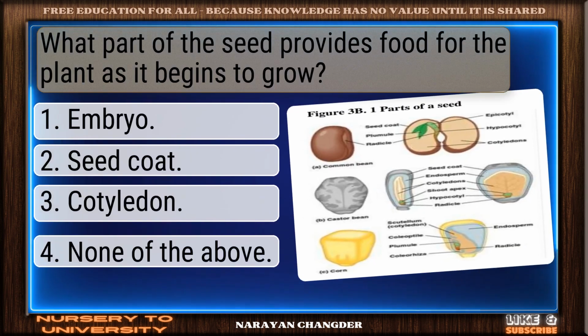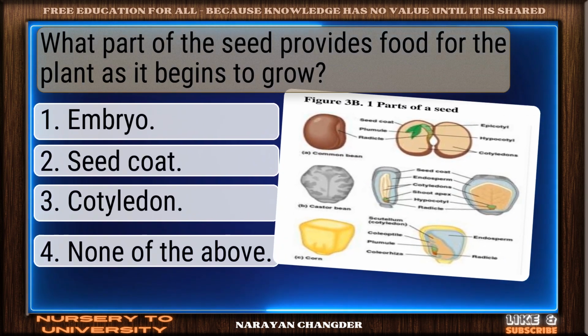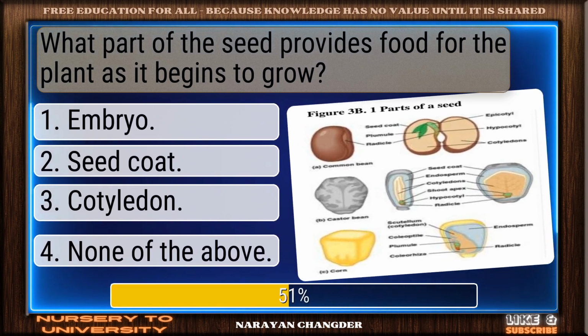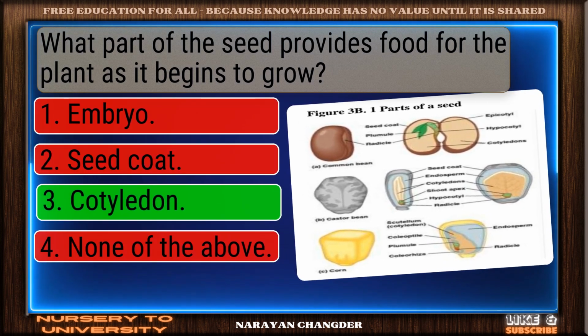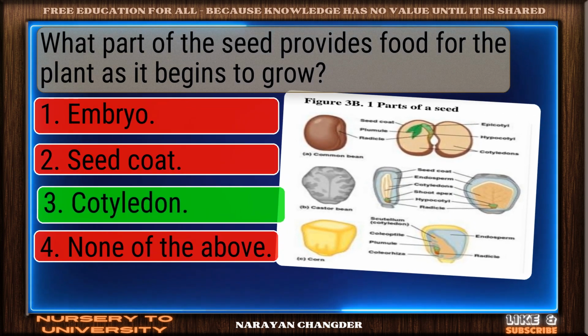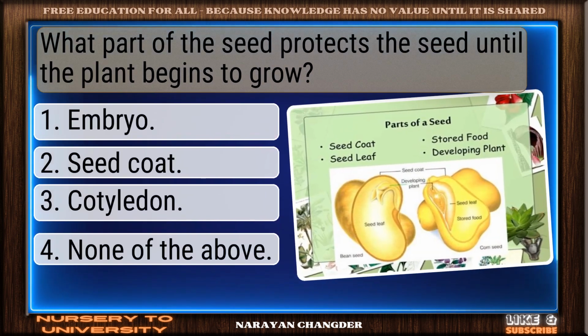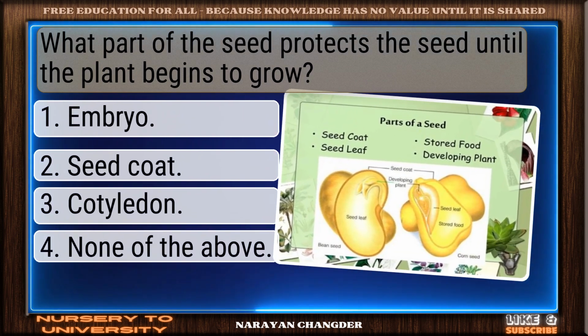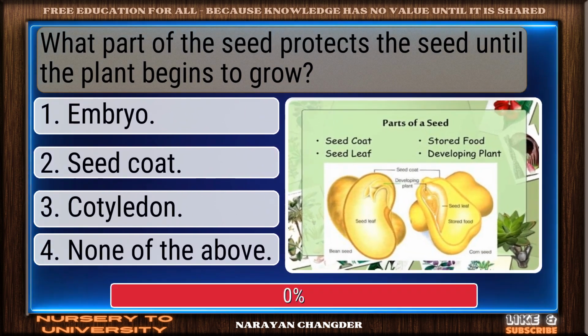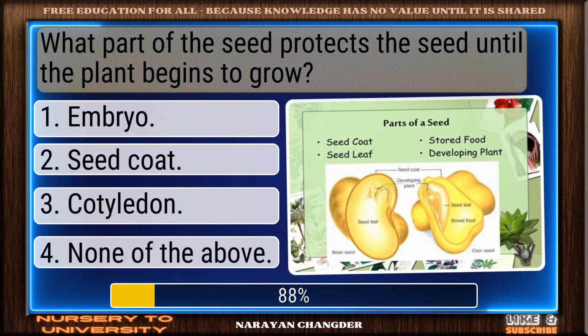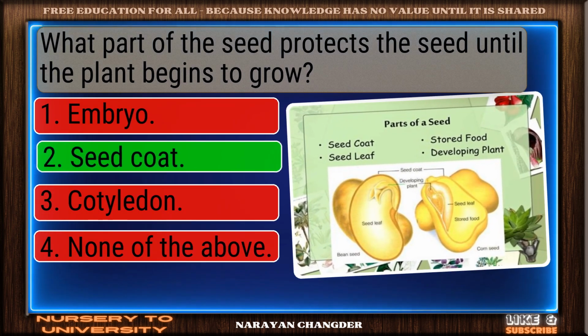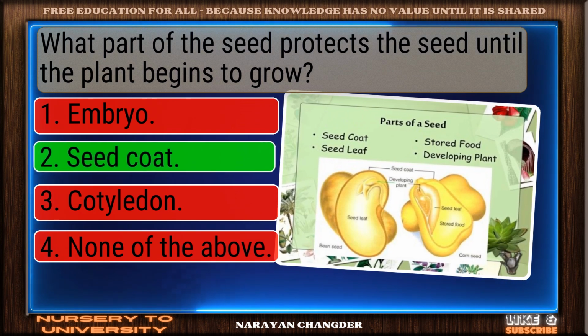What part of the seed provides food for the plant as it begins to grow? Well done. Cotyledon is the right choice. What part of the seed protects the seed until the plant begins to grow? Solid response. Seed coat is a valid choice.